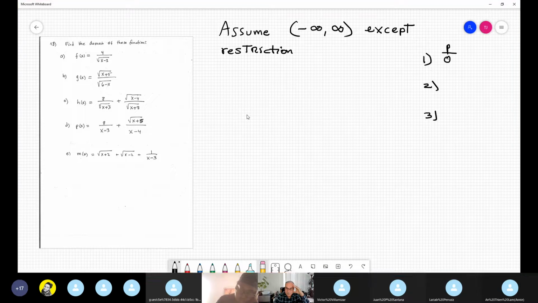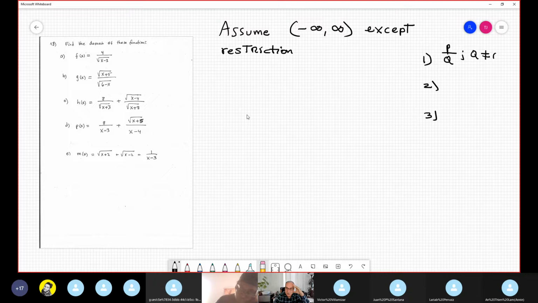Division: you need to check that the expression at the bottom is not zero, because division by zero is illegal. Radical: you need to check that the expression inside the radical must be non-negative, because if it's negative it is imaginary. It's out of the domain.